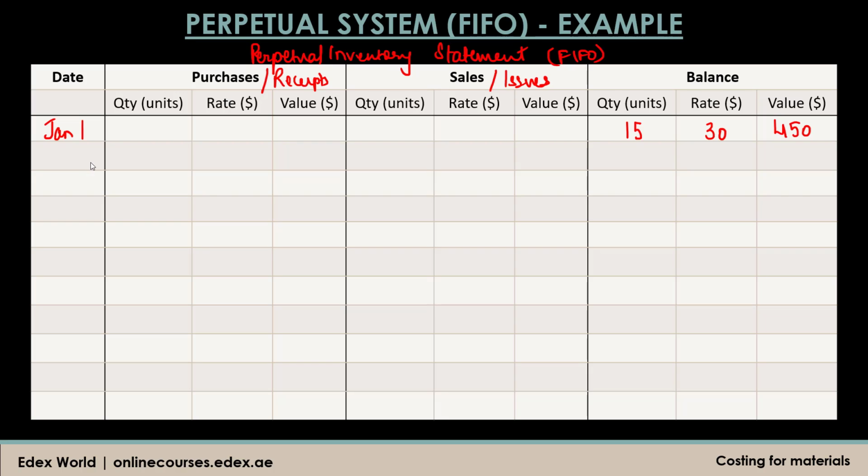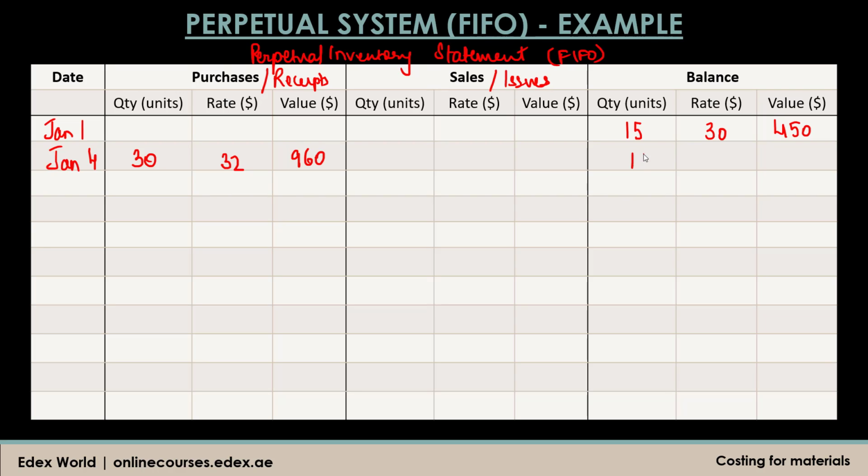Going back to our statement, Jan 4, 30 units at $32. So the total is $960. And after this transaction, we need to calculate and write our updated balance of inventory.